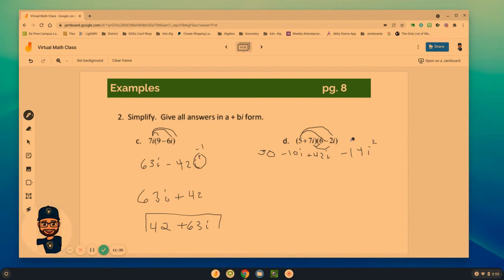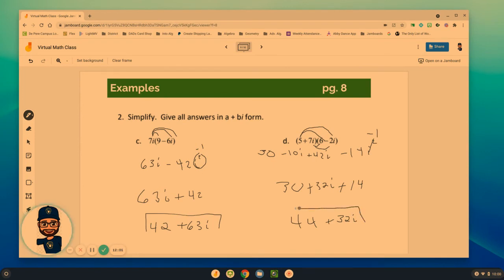So hopefully you're picking up on the pattern. i squared changes to negative 1. And negative 14 times negative 1 becomes positive 14 on the end. 30 out front. Negative 10i plus 42i gives me 32i, and then I can combine the real numbers that I still have left to get 44 plus 32i.